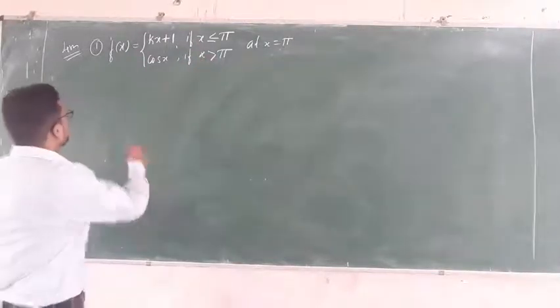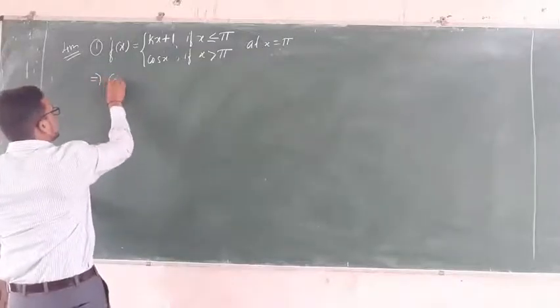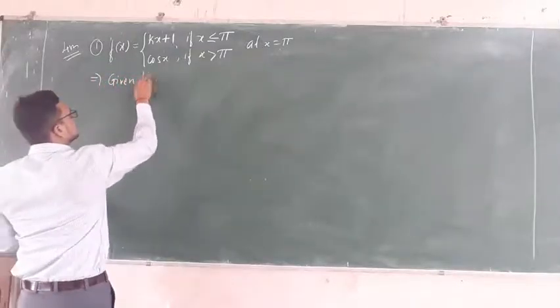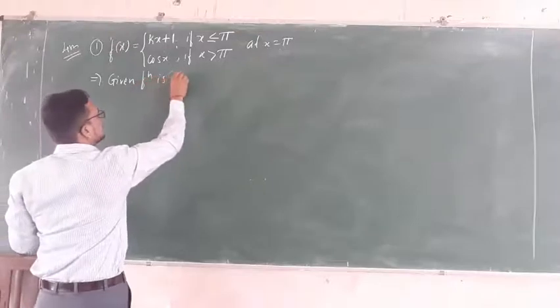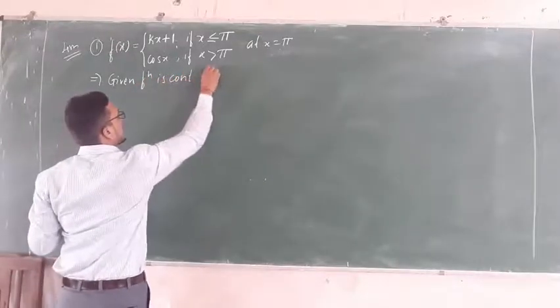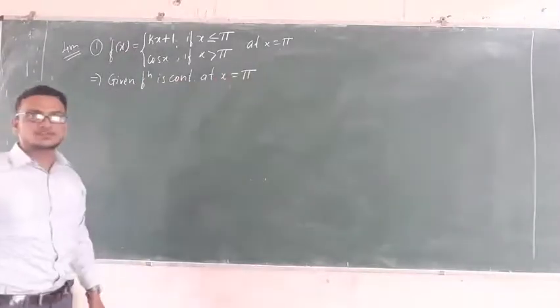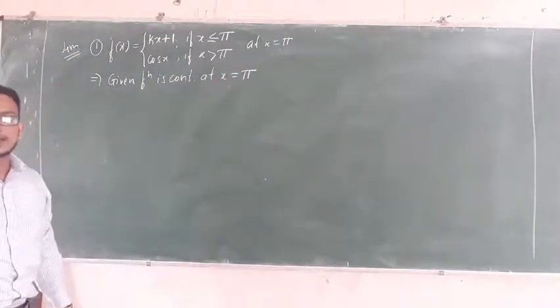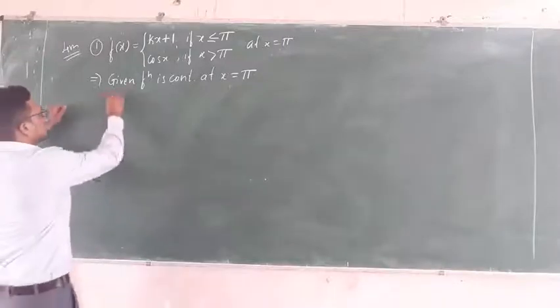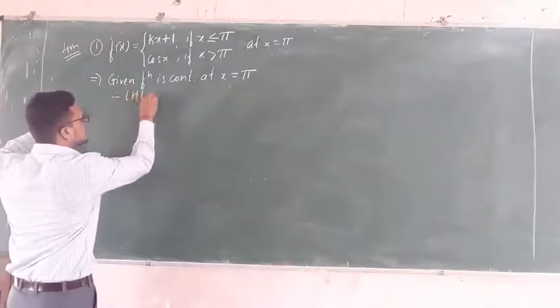Second definition. That is, the given function is continuous at x is equal to pi. So therefore, what does the second definition say?